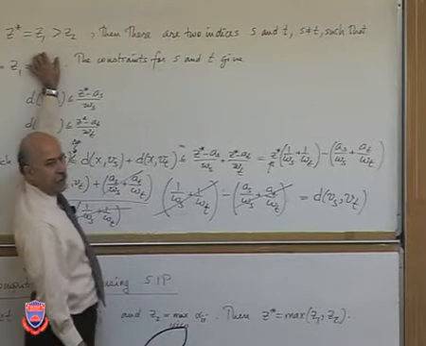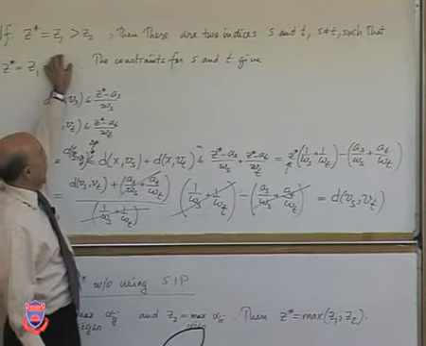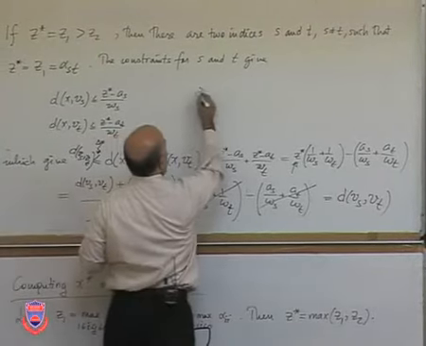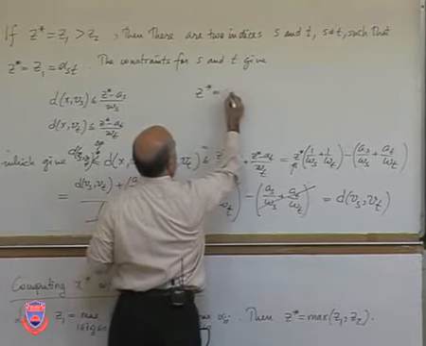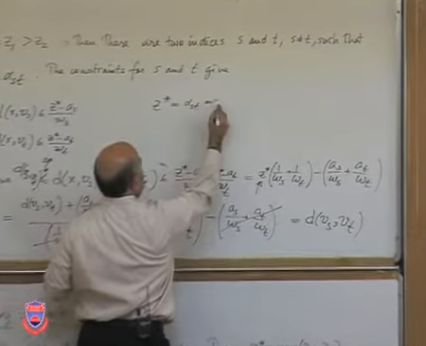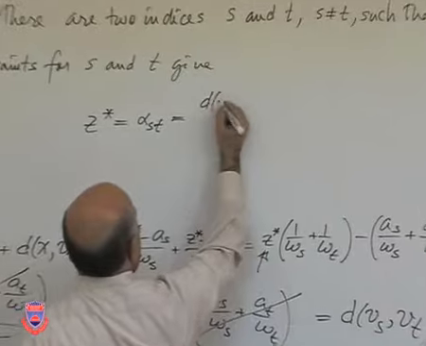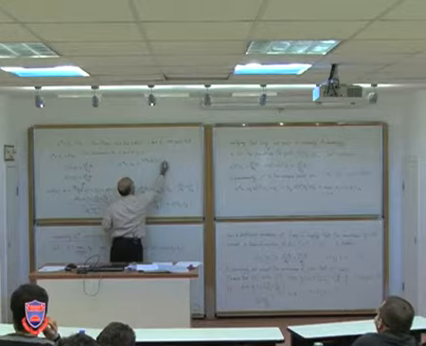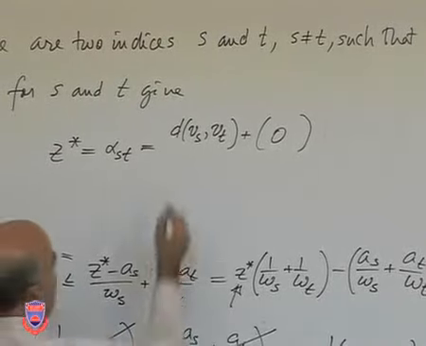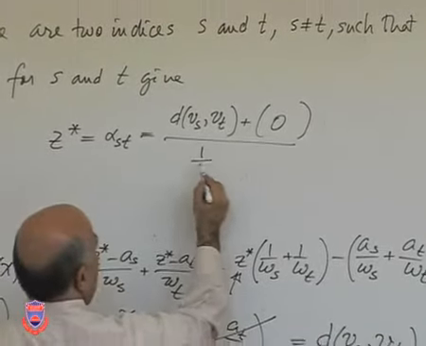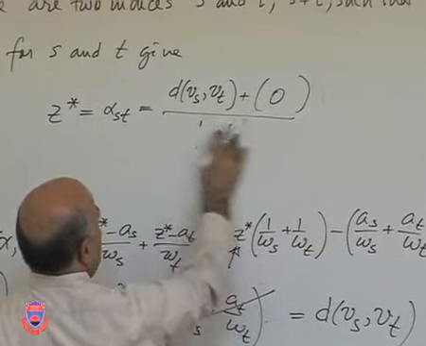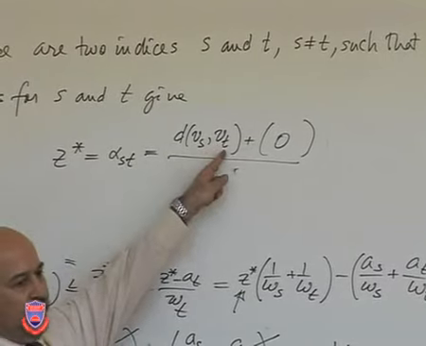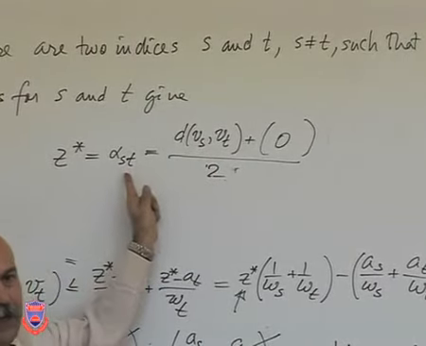So it will be this case that applies. When this case applies, then Z star will simply be equal to alpha ST, but the definition simply says that the addends are 0, so there's a 0 here, divided by 1 over 1 plus 1 over 1. So this becomes 2 here. It's the longest path divided by 2. It's longest because it's the maximum of these.